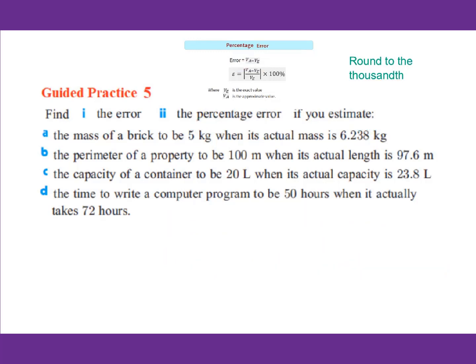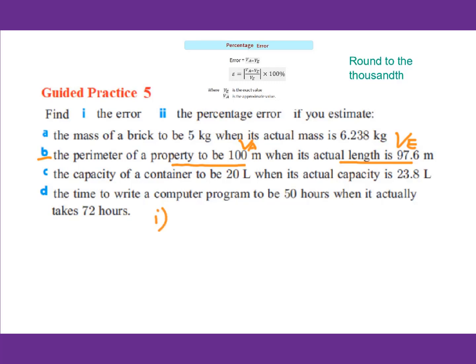Now let's work on B. The perimeter of a property to be 100 meters, while its actual length is 97.6 meters. This will be VE, that's the exact value. And 100 will be the approximate value.